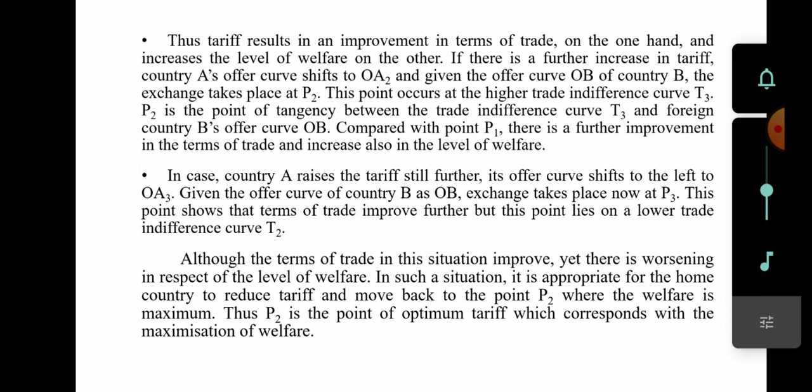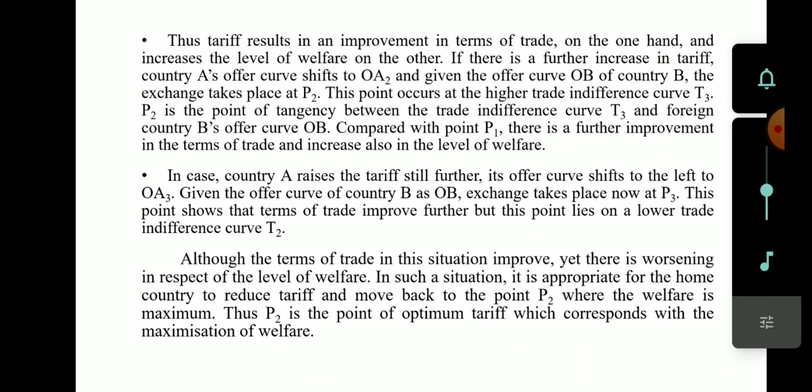If there is a further increase in tariff, country A's offer curve shifts to OA2 and given the offer curve OB, the country B, the exchange takes place at P2. This point occurs at the higher trade indifference curve T3.